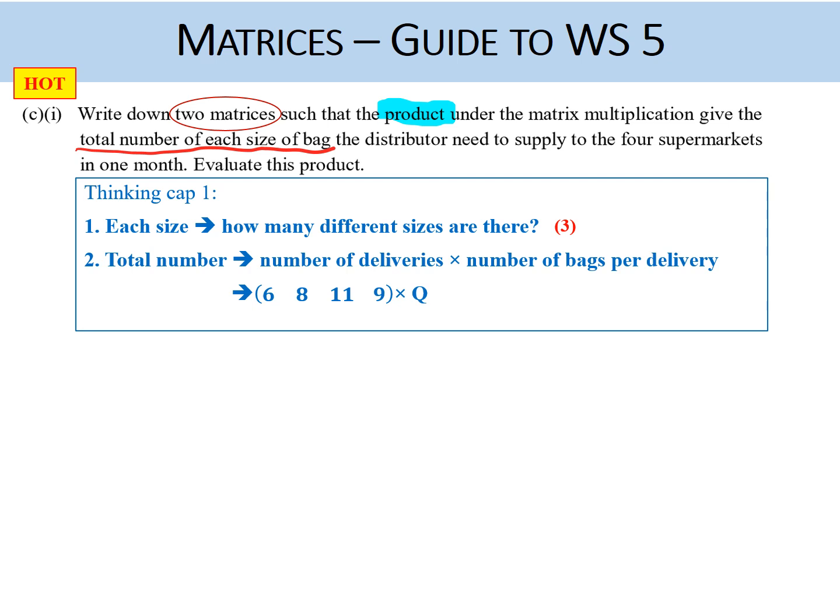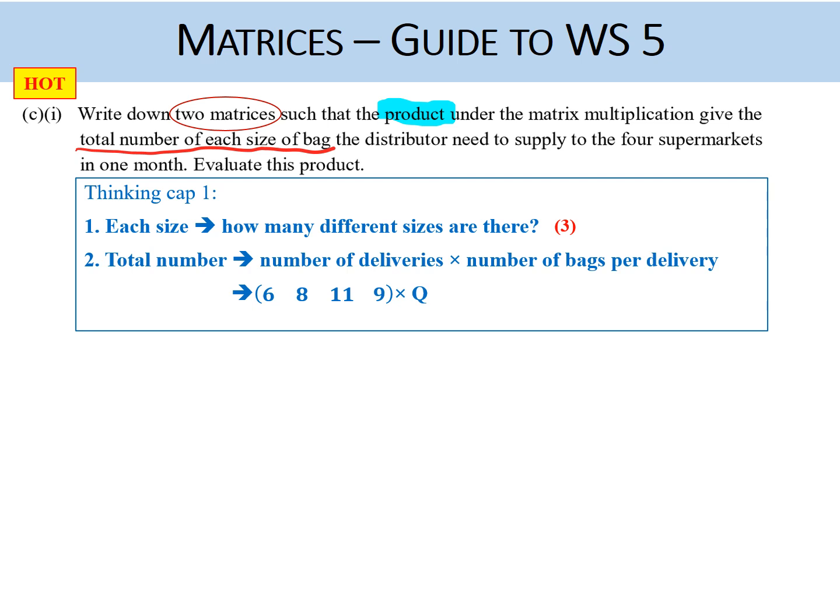So it is really important for you to know the order of Q before you decide what should be the order for the number of deliveries. This part here is challenging. So for those of you having difficulty at this point, I suggest that you pause the video, go back to the question, look at the order of Q and ask yourself what should be the order for the number of deliveries.